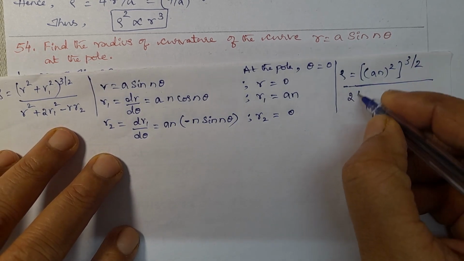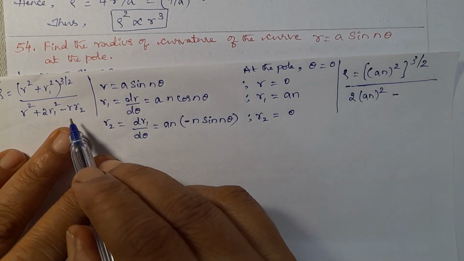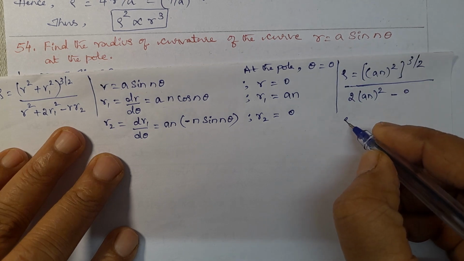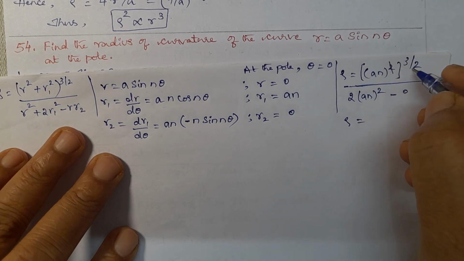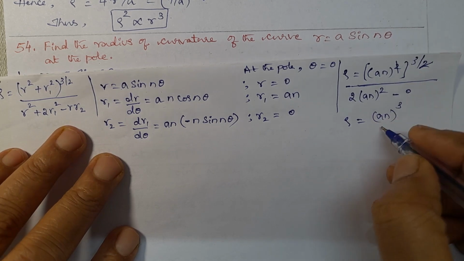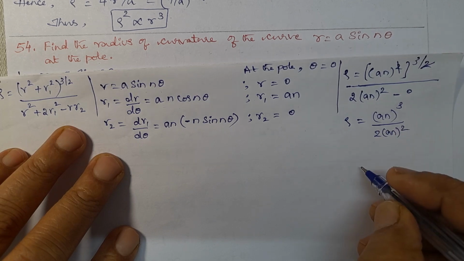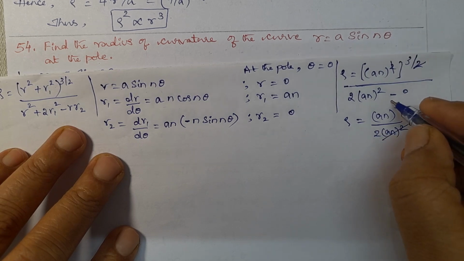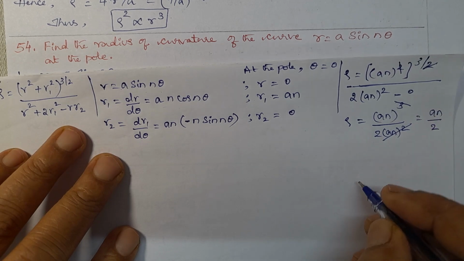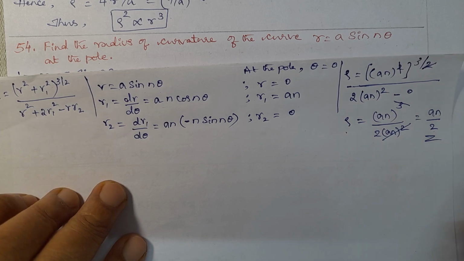So 2 times an whole square minus r into r2 is 0. So then rho equal to, square and square root cancel, an to the power of 3 divided by 2 times an whole square. So this and this cancel, an divided by 2. So radius of curvature is an by 2 is the answer.